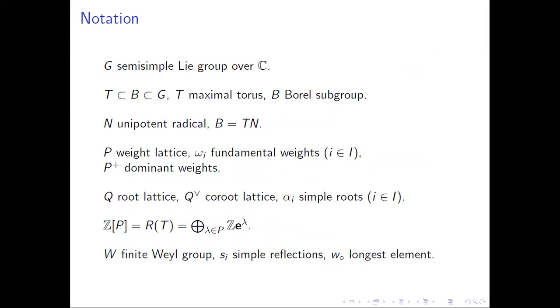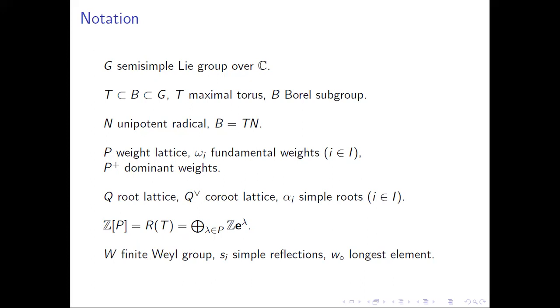So let me start with some notation. G is, as I said, a semisimple Lie group over C, with the traditional root system notation. T contained in B contained in G are the maximal torus and the Borel subgroup. Then N, the unipotent radical. P is the weight lattice. Omega I, the fundamental weights indexed by nodes of the Dynkin diagram. P plus, the dominant weights. Q, the root lattice.